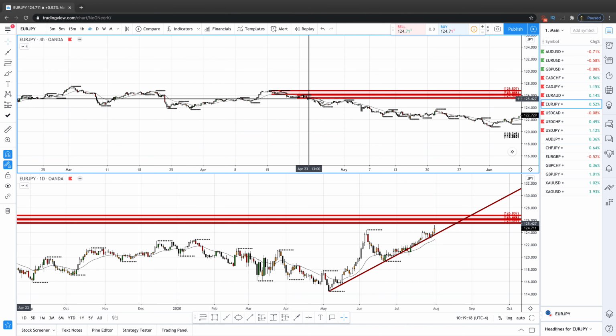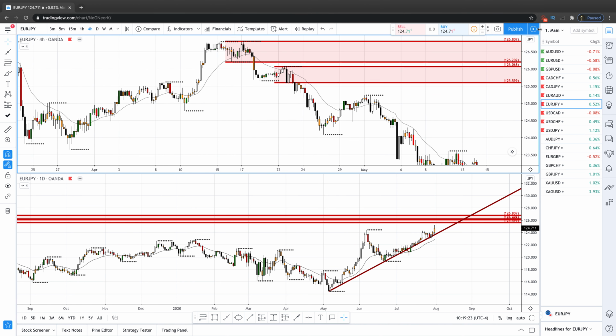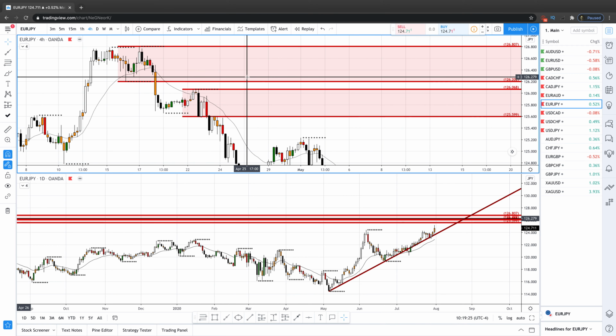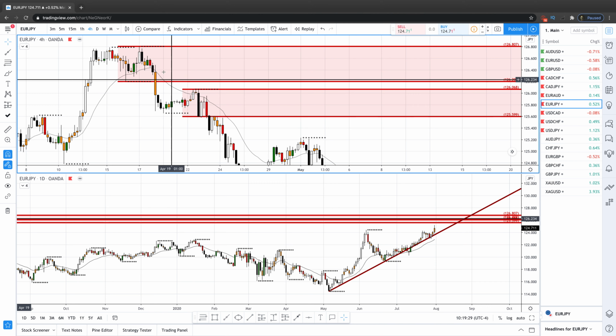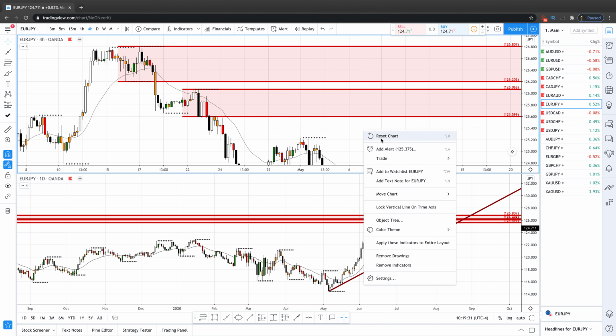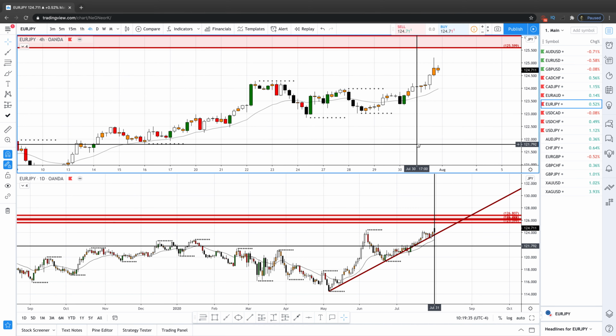We'll zoom in here. Yeah, nothing great. I wouldn't mind taking a stab at both of these levels. Maybe look for confirmation in there because the levels are pretty big. We'll see.